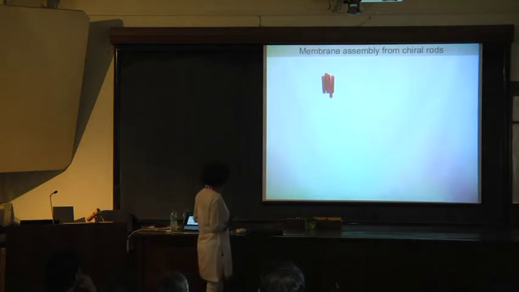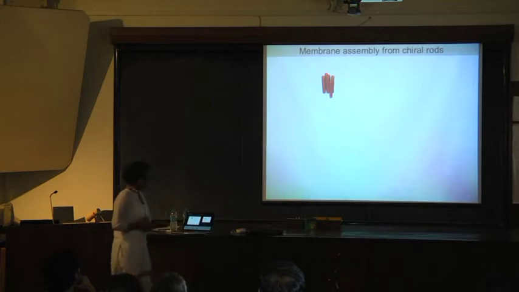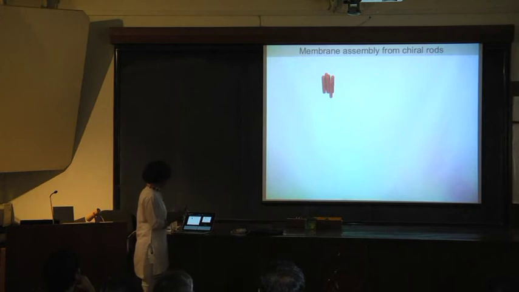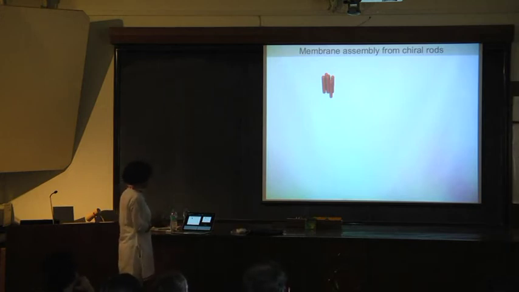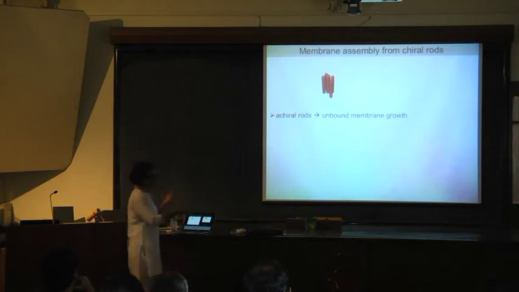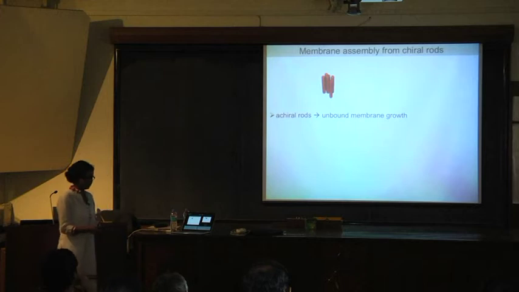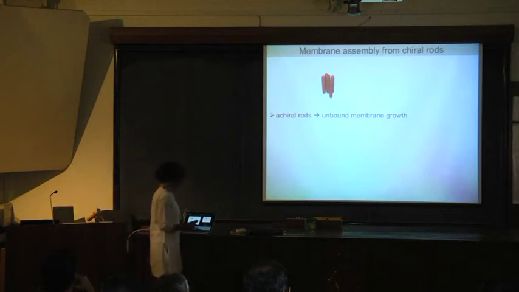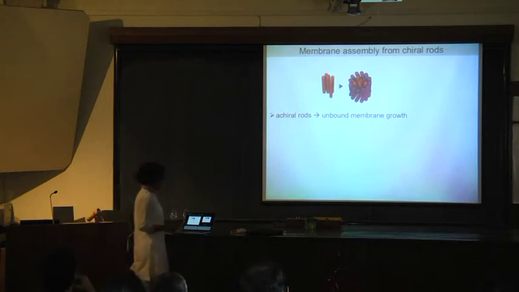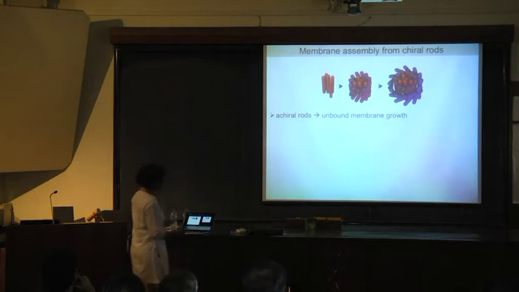So if I think about membrane assembly from chiral rods, initially a few rods come together and make this cluster. If the system is achiral, then more rods can keep joining and I'll make an infinitely large monolayer. But if the rods are strongly chiral, then the next set of rods would be slightly tilted with respect to the initial cluster, and then even more so, right?